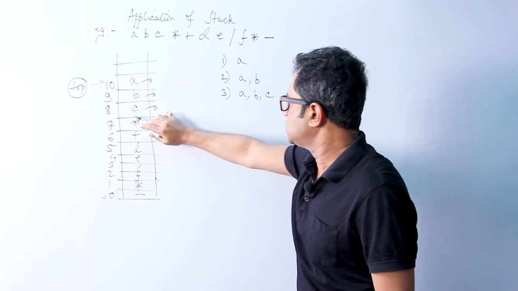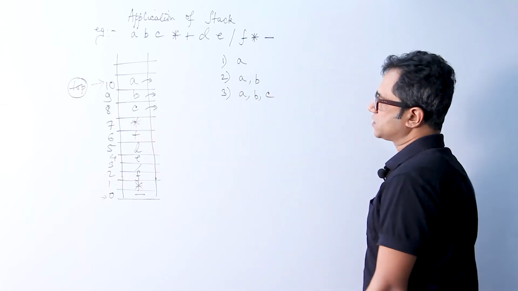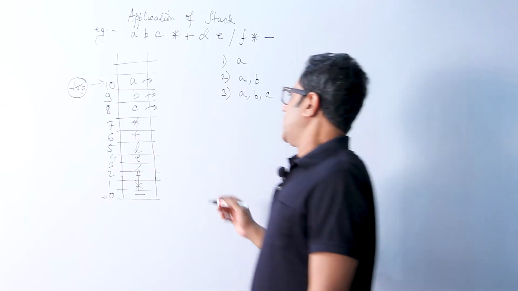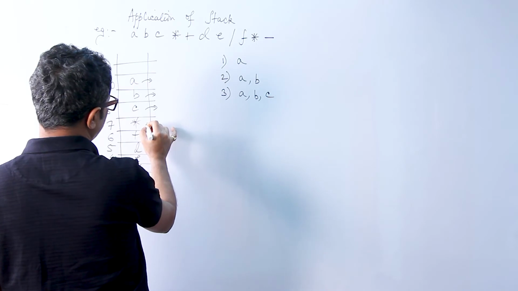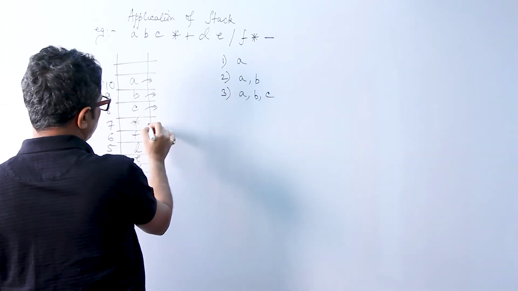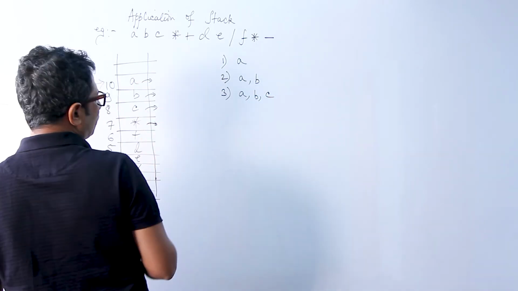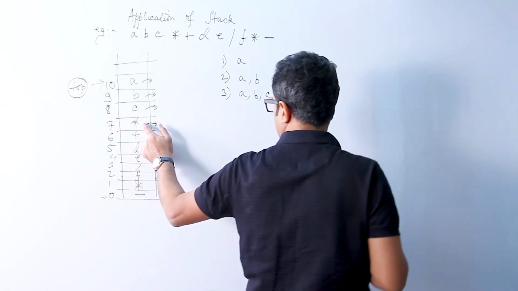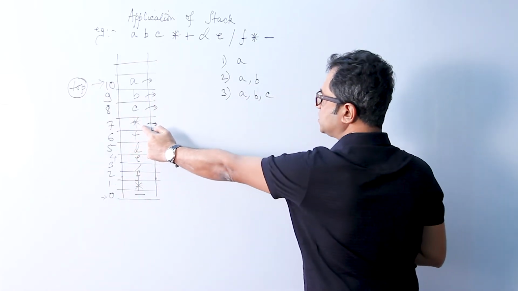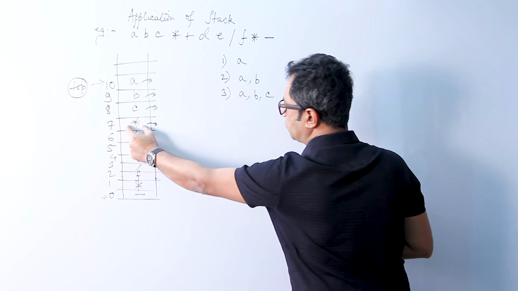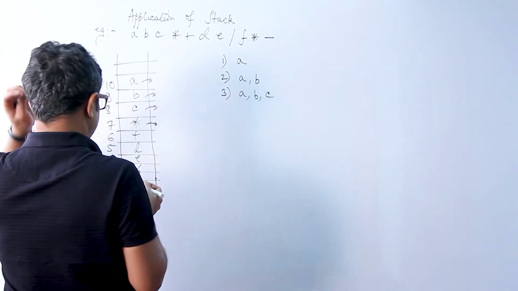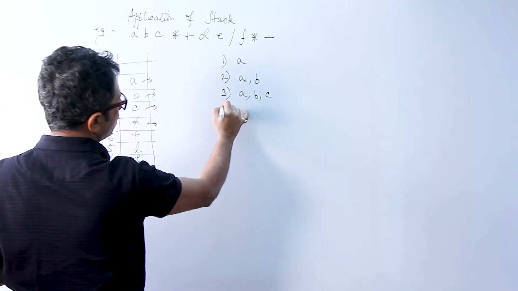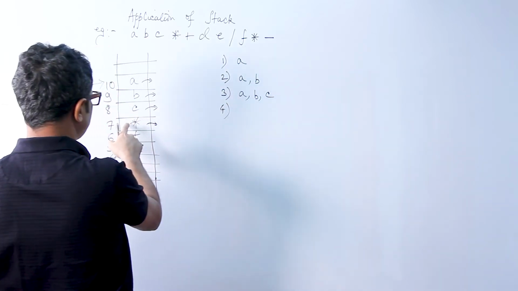After that, in the 4th pop operation, we encounter an operator. So this is an operator, this is not an operand, that is a star, that is a multiplication operator. And when we encounter this sort of operator in the popping sequence, then we have to do an operation involving this operator. So in the 4th step we encounter this star.